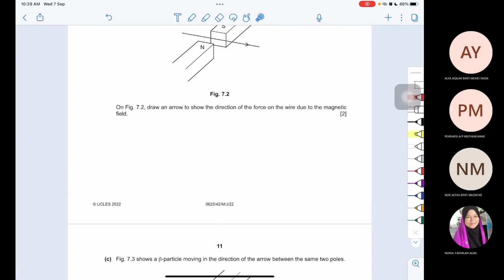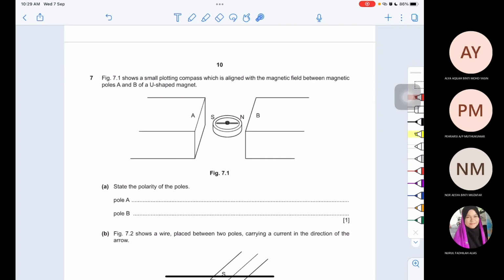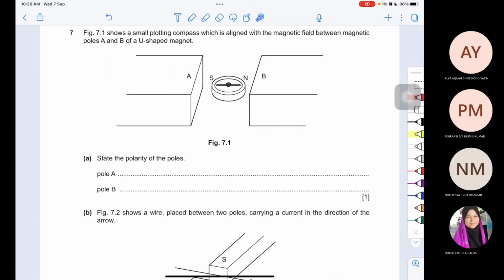We have a few more minutes. Okay, so this is basic magnet, which is quite easy. Alright, read the question. Figure 7.1 shows a small plotting compass which is aligned with the magnetic field between magnetic poles A and B of a U-shaped magnet.